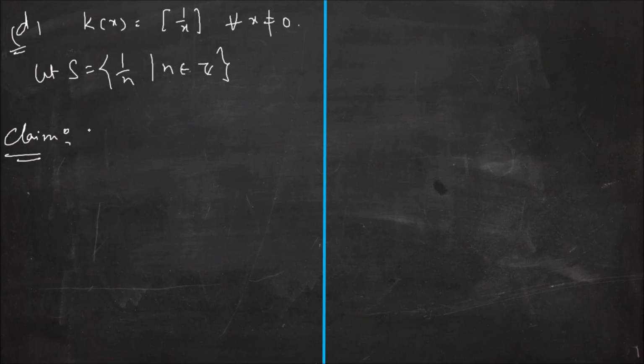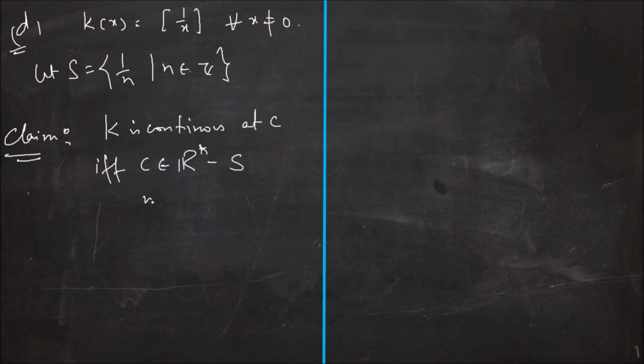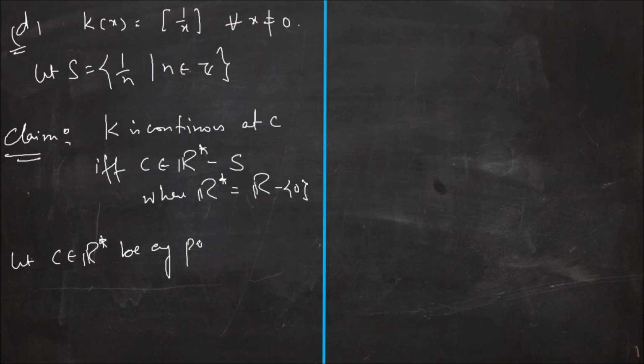So claim: k is continuous at C if and only if C belongs to R star minus S, where R star is equal to R minus 0. Because this is not defined at 0, we are removing the point 0. So let C belong to R star be any point.